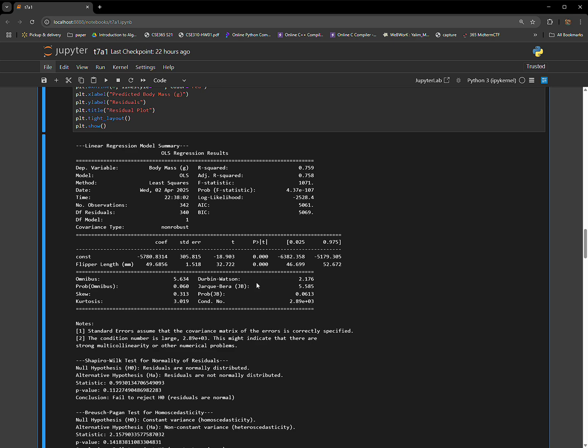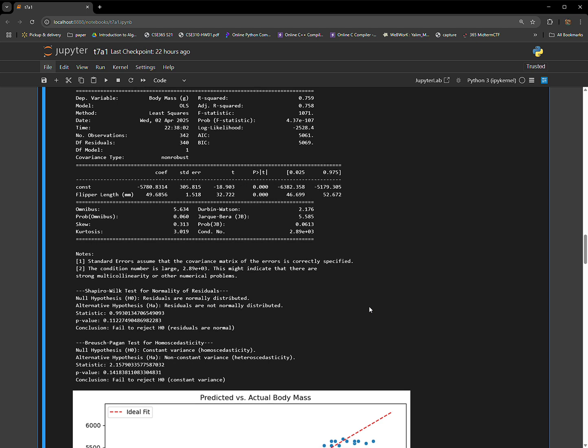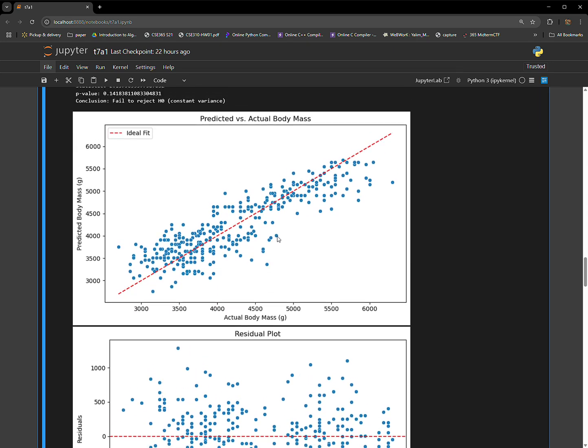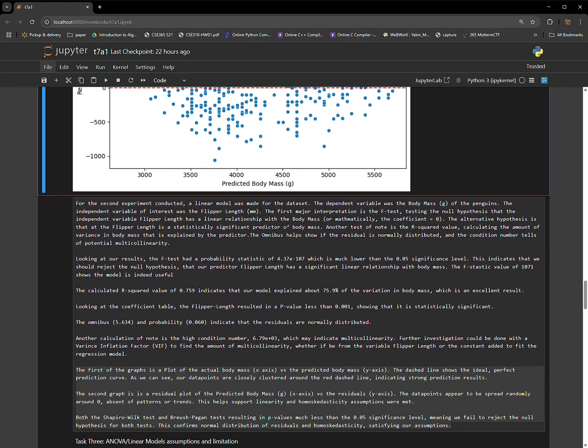The omnibus and the skew are also useful values to look at. We also get a warning from Python that the condition number is large, indicating there might be strong multicollinearity. Also we can look at the predicted versus, well, I'll go over this in a second.